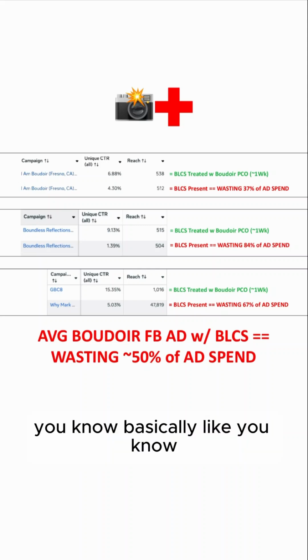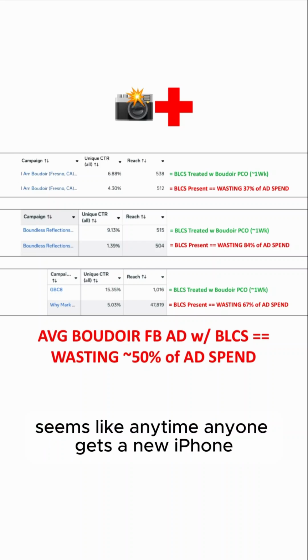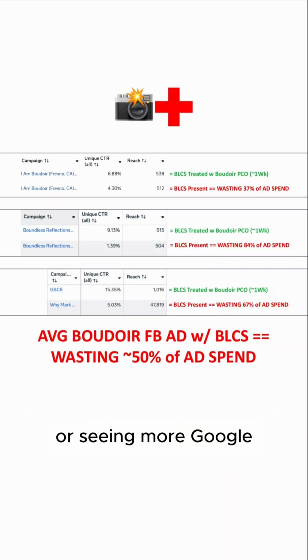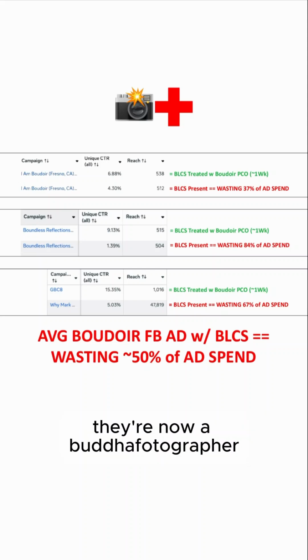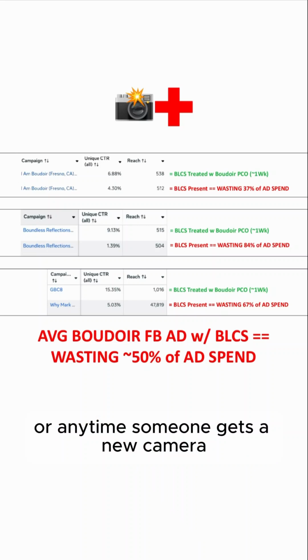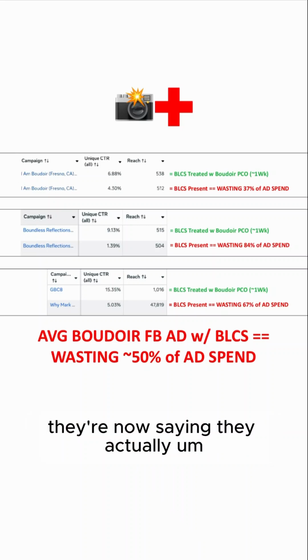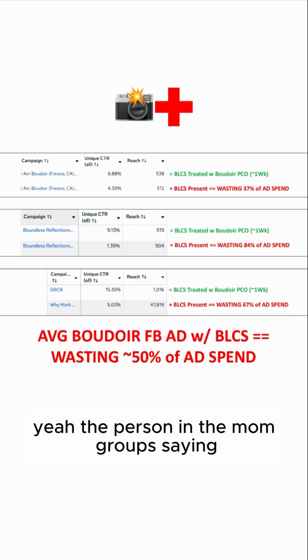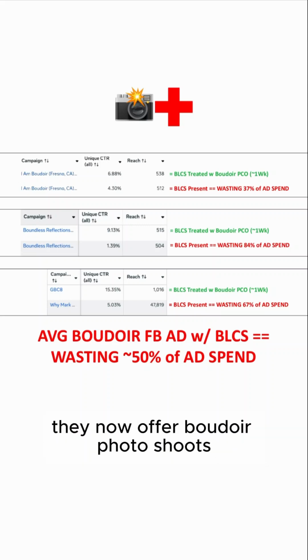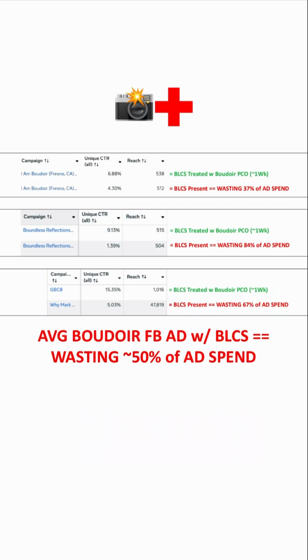Basically, it seems like anytime anyone gets a new iPhone, we're seeing more Google My Business profiles go up saying they're now a boudoir photographer. Or anytime someone gets a new camera, they're now saying they actually offer it. They're posting in the mom groups saying they now offer boudoir photo shoots.